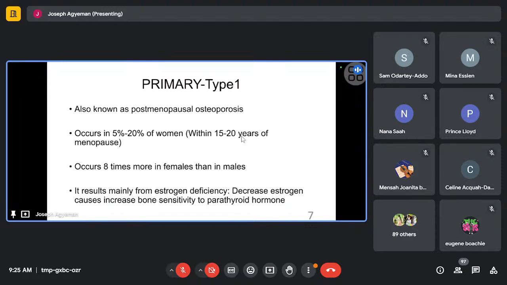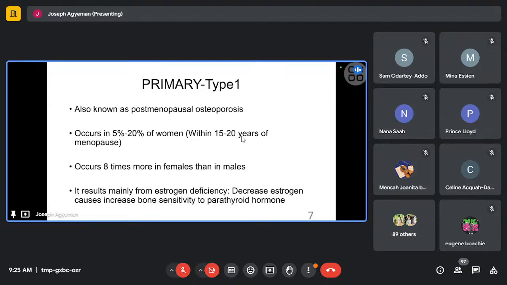So the primary subtype 1 is also termed postmenopausal osteoporosis. So obviously, this happens especially in women after menopause. And typically, 5 to 20% of them may suffer from this type of osteoporosis.